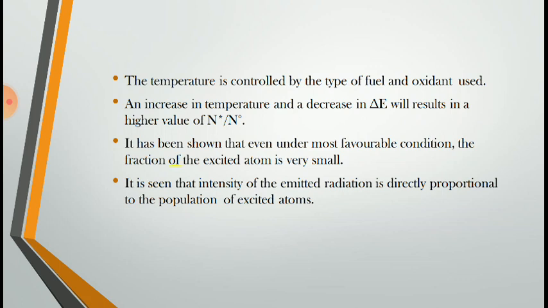It has been shown that even under the most favorable conditions, the fraction of excited atoms is very small. It is seen that the intensity of the emitted radiation is directly proportional to the population of the excited atoms.